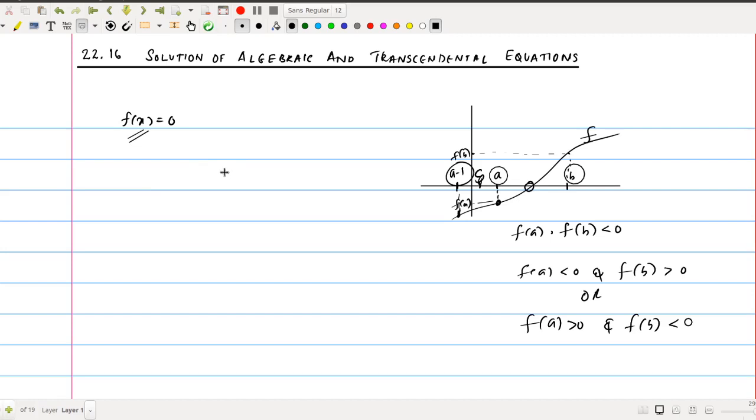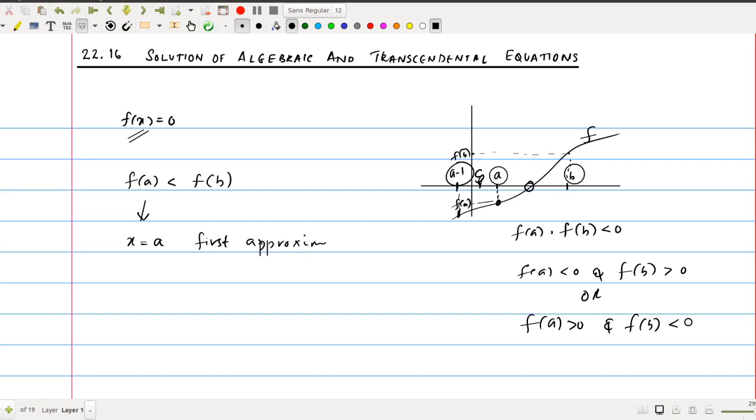Numerically, if f of a is negative and f of a is less than f of b, then we choose initial approximation as x equal to a. In the other case we choose b as the initial approximation. Whichever has the smallest value of f, we choose the corresponding point as the first approximation.